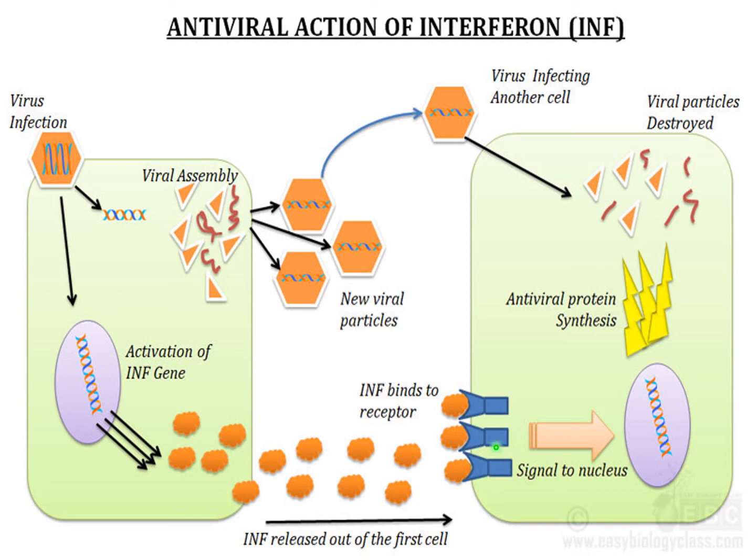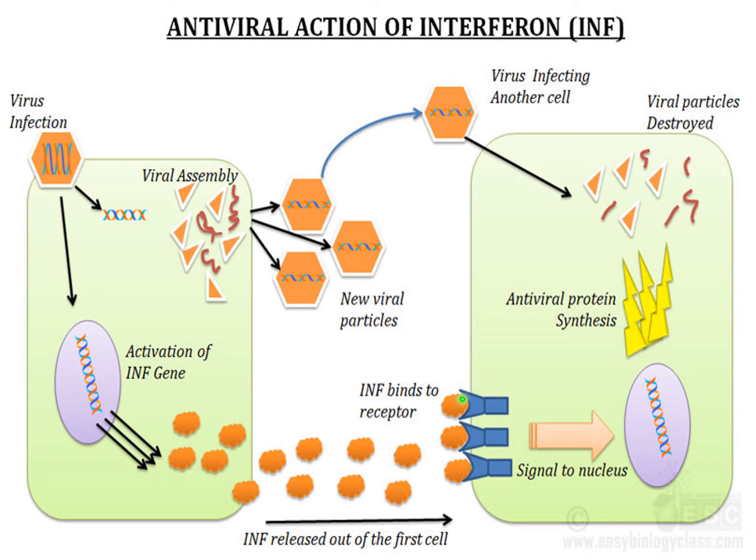Now, two things can happen here. One is this interferon receptor binding signals to the nucleus where we activate a group of genes called the antiviral protein genes. These will produce antiviral proteins that, if the virus should come in, will destroy it immediately so it will not be able to reproduce.